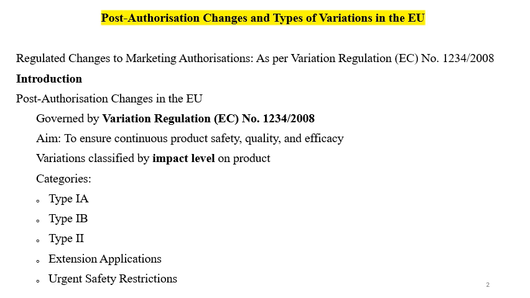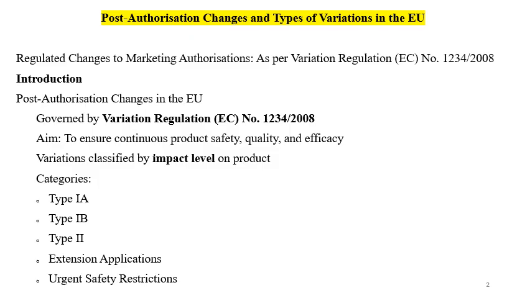Variations are classified by impact level on the product. These variations can impact the quality, safety and efficacy of the formulation, so the categories are made based on the impact levels.